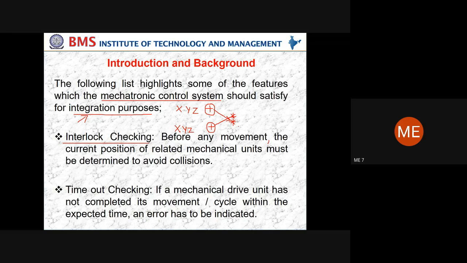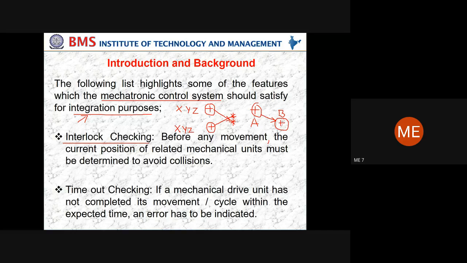You need to know this because once you move to the next location, there should not be a collision. Let's assume there is one point here, and one more unit is present here. This is unit A, and this is unit B. While moving unit A, you should remember that there should not be any clash with unit B. Therefore, remember where exactly the current position is.